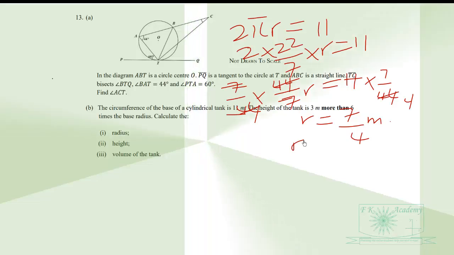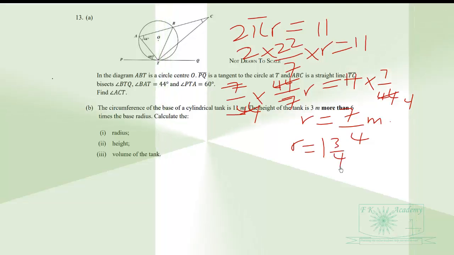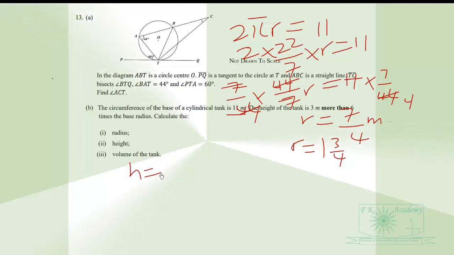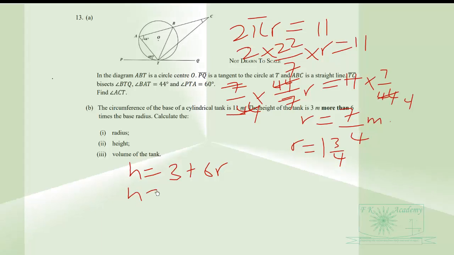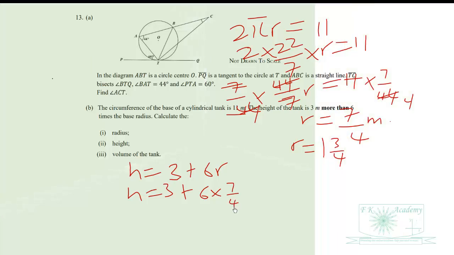Or we have one whole number, 3 over 4. Okay, then we are supposed to also find the height. We're told that the height of the tank is 3 meters more than 6 times the base radius. So h will be equal to 3 plus 6 times 7 over 4.